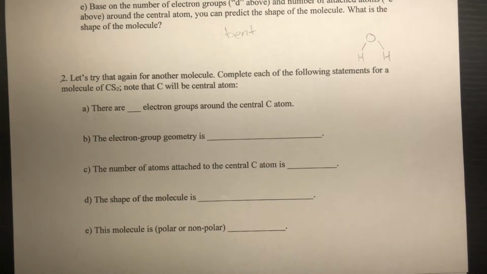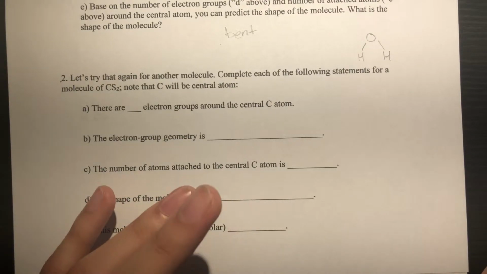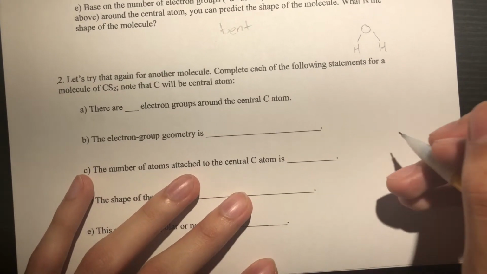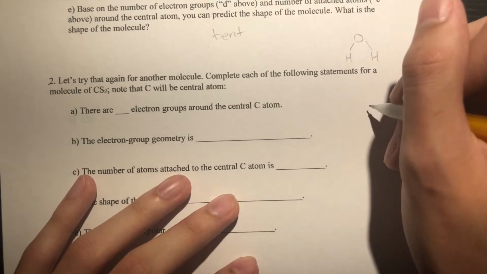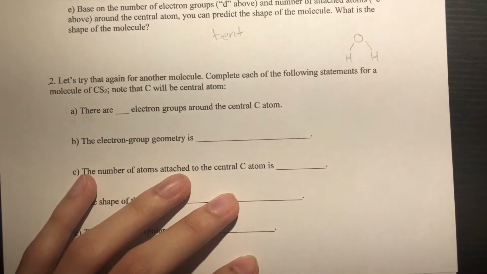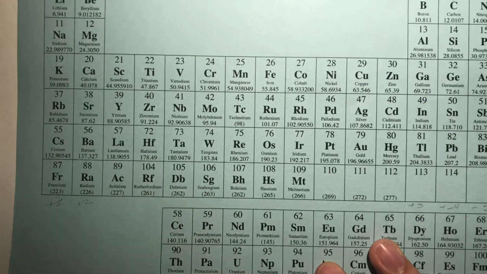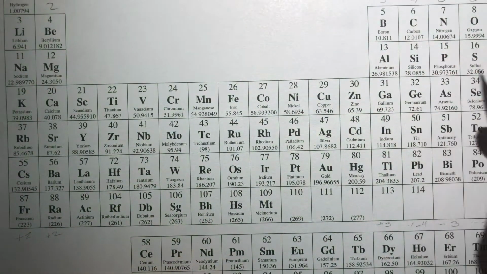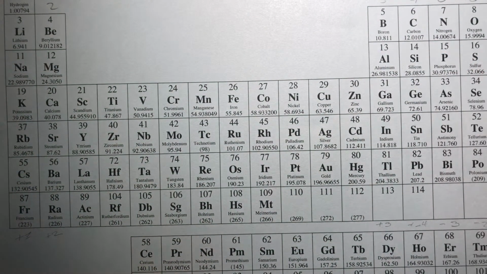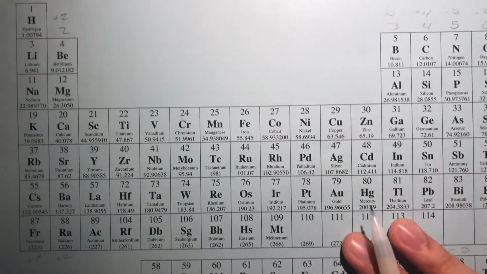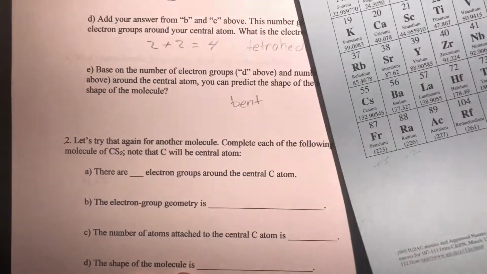Okay, so there are blank electron groups around the central atom. So let's just write it out. Let's just do the little structure of it. You want to get your periodic table for this. So we need sulfur, carbon, sulfur. How many carbons do we have? 1.